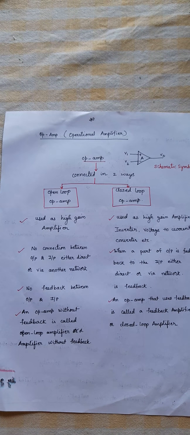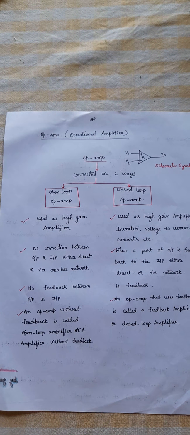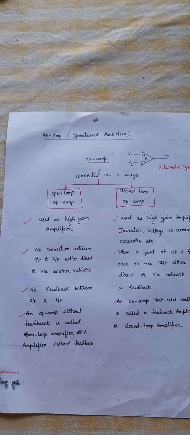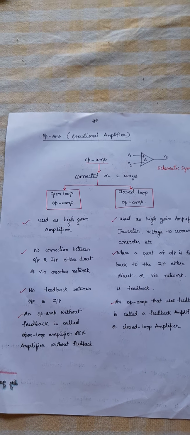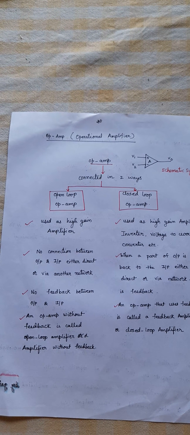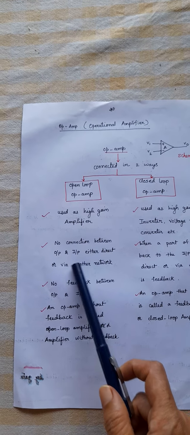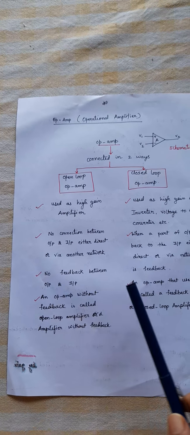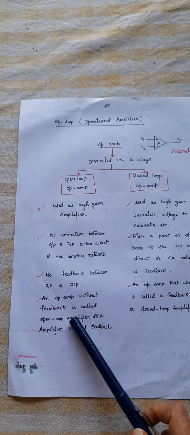When there is no interconnection between output and input, either directly or via another network, we say it is an open loop op-amp. That is, there is no feedback between output and input. An op-amp without feedback is called as open loop amplifier or amplifier without feedback.